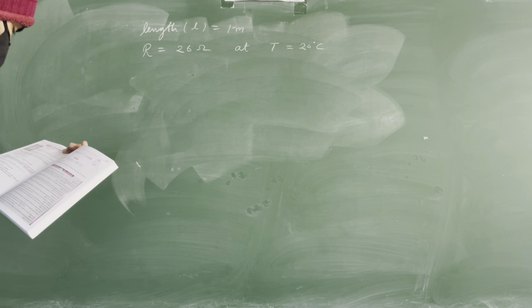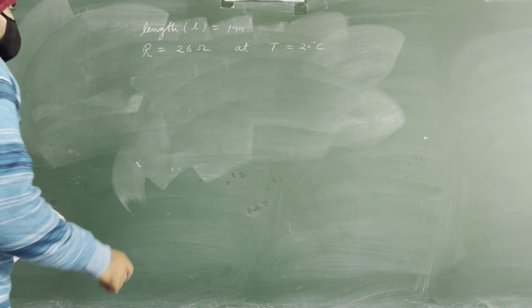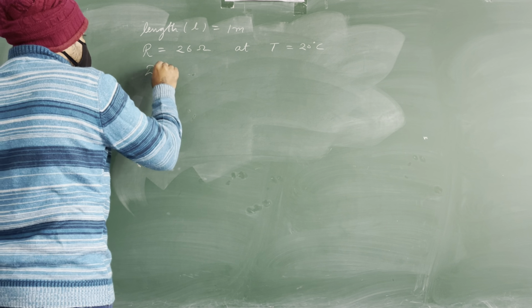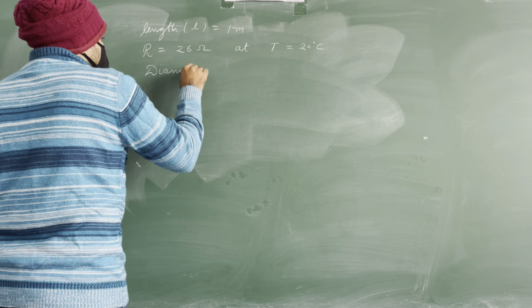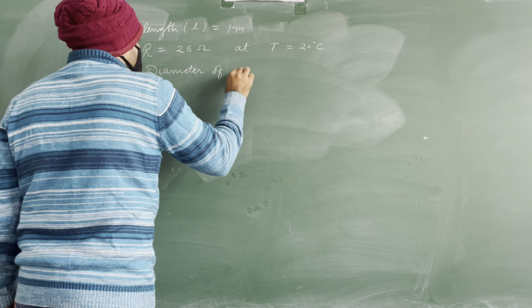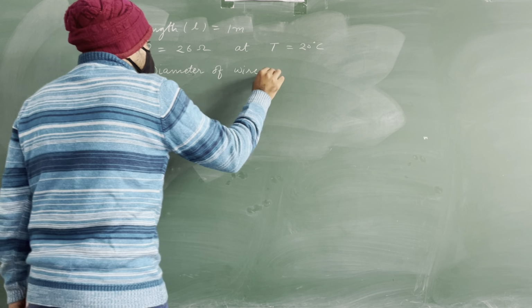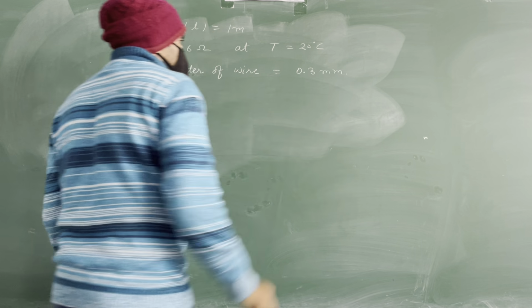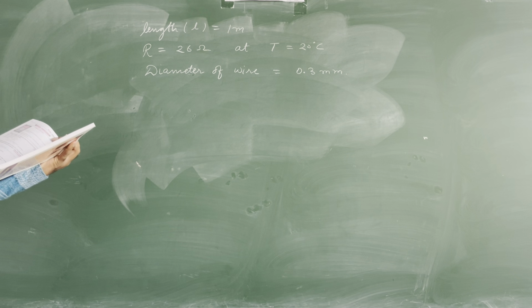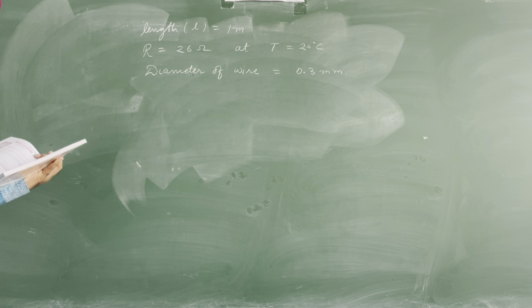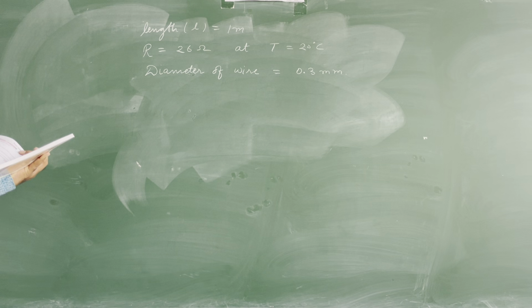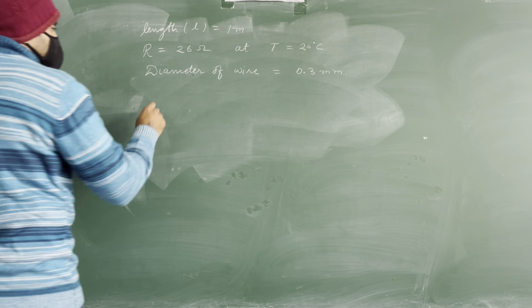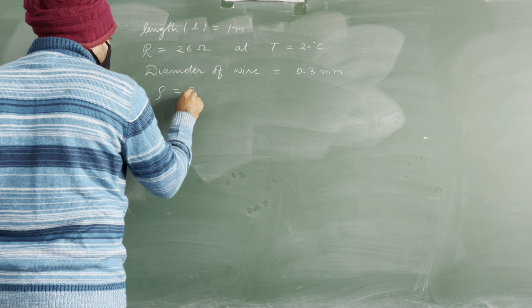If the diameter of the wire is 0.3 millimeter, here we have given the diameter of wire is equal to 0.3 millimeter. At the same temperature, what will be the resistivity? We have to find out the resistivity.